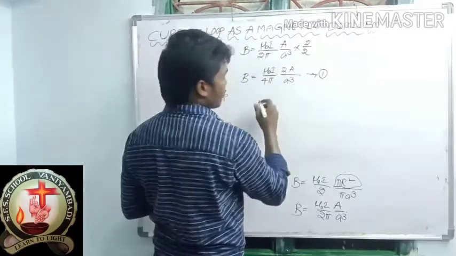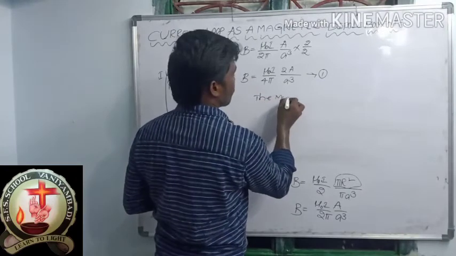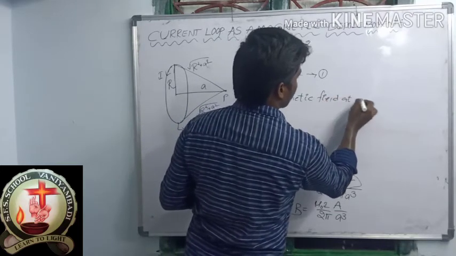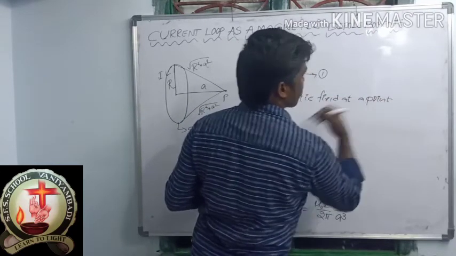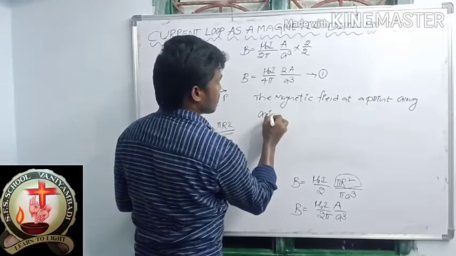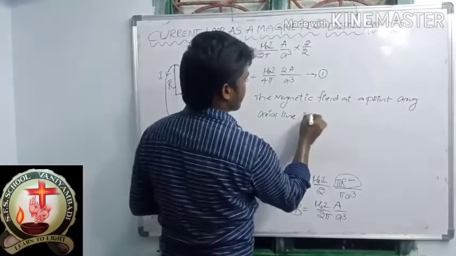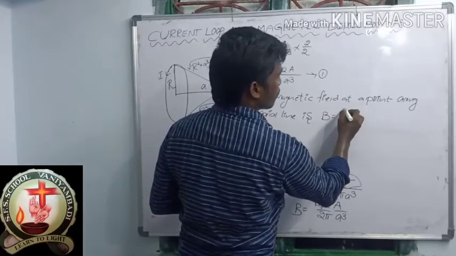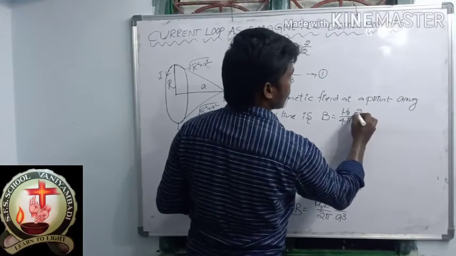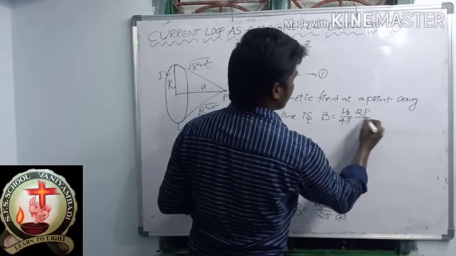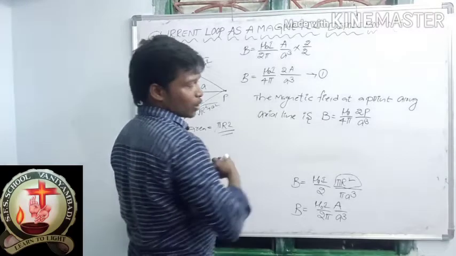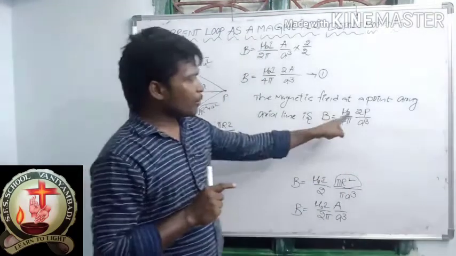So I am taking that point. The magnetic field at a point along the axial line is B is equal to mu naught by 4 pi into 2p by a cube.